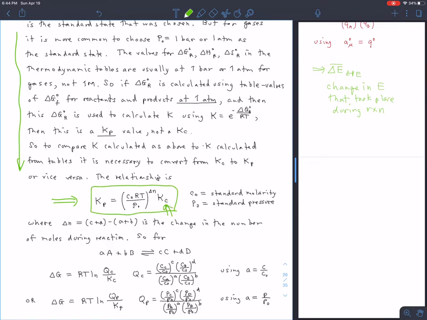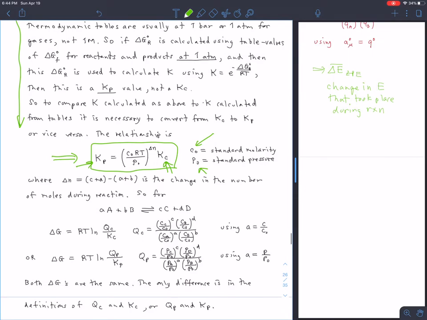If you have a Kc, something that's based on a molar concentration standard state, but you want to have a Kp, something that's based on a 1 atmosphere, let's say, standard pressure standard state, then you can convert between the two with this factor in between: the standard state molar concentration, the standard state pressure that you want, RT, and then all raised to a power, and that power is the change in the number of moles on the two sides.